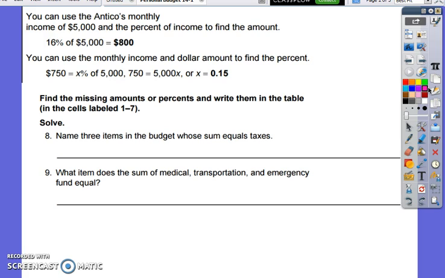Number 8, name 3 items in the budget whose sum equals taxes. Okay, well, the taxes are $800. So we want to find 3 items that total $800. So the savings is $400.